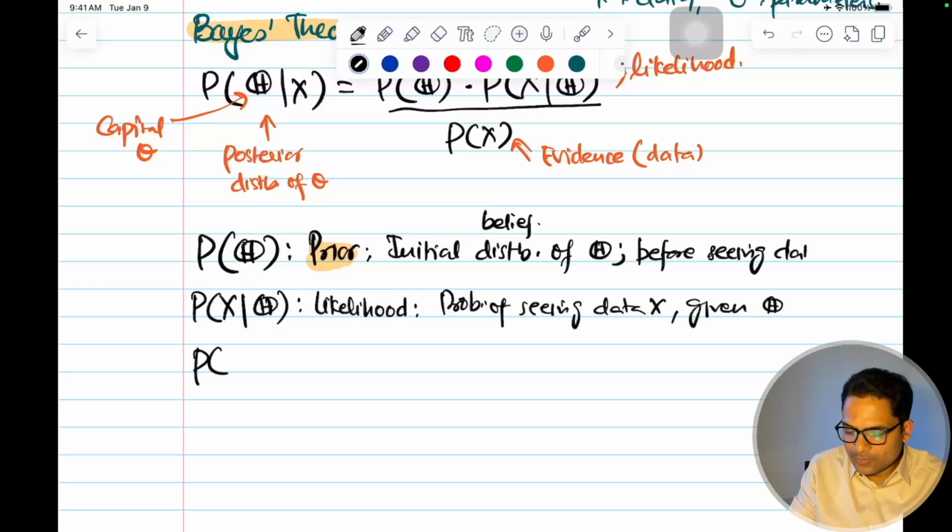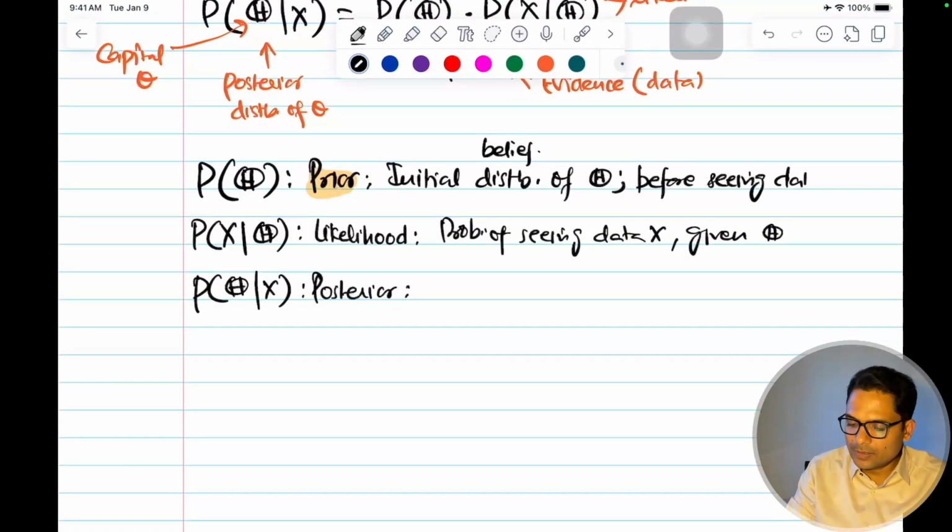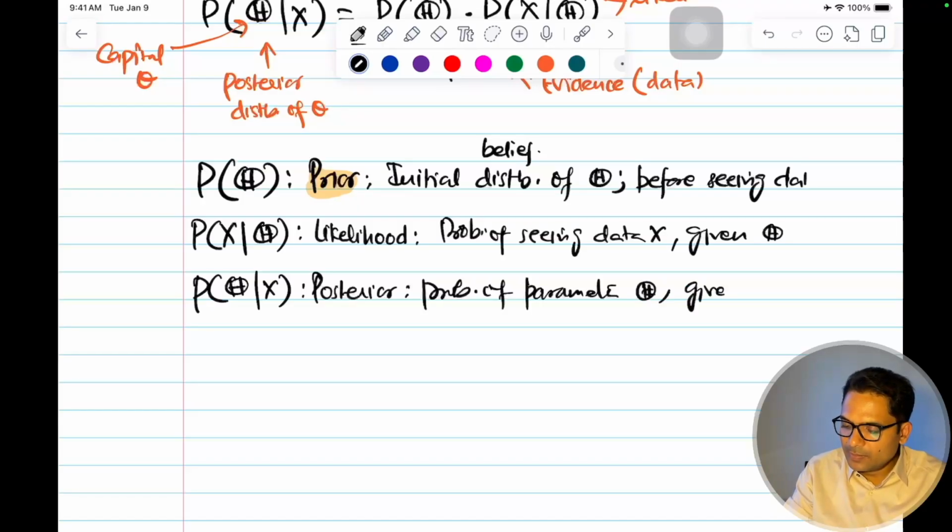And then probability of theta given x: this is my posterior, the probability of parameter theta given data x.